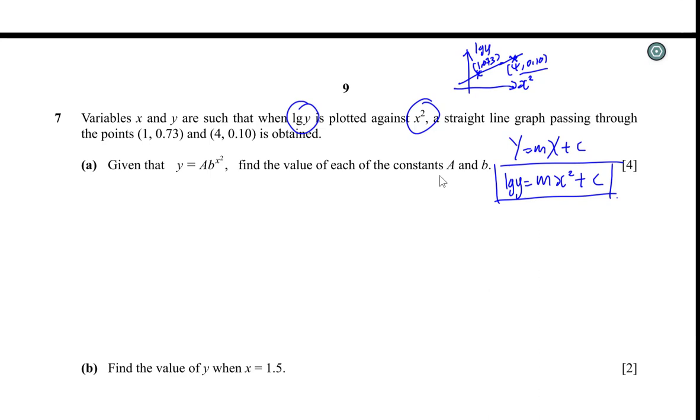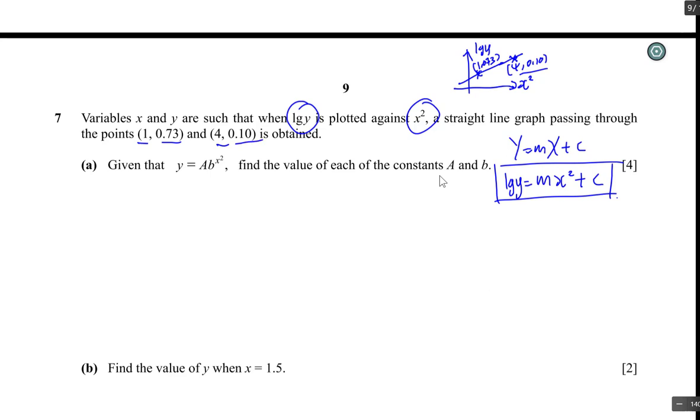Anyway, go to part A. Given that y equals ab^(x squared), find the value of each of the constants a and b. A lot of students make mistakes in this kind of question: they see these two values and think, oh, maybe I can do simultaneous equations.